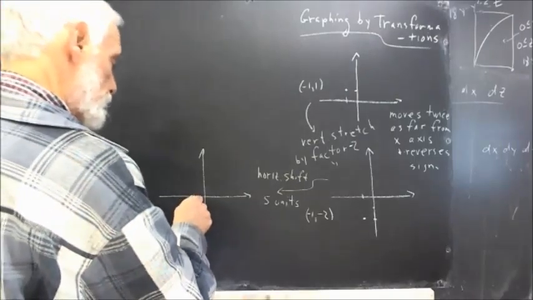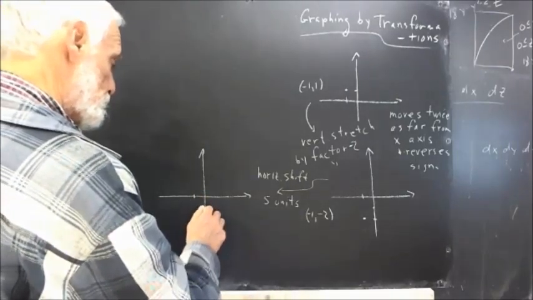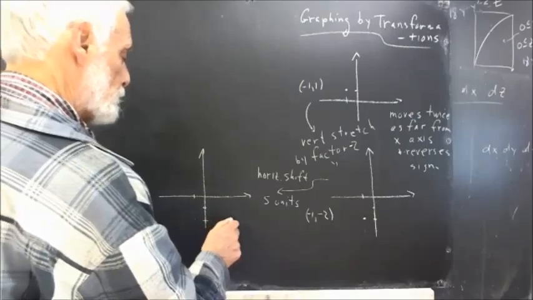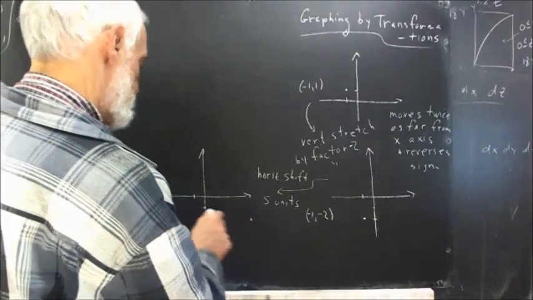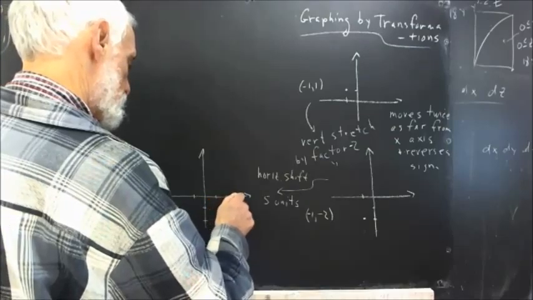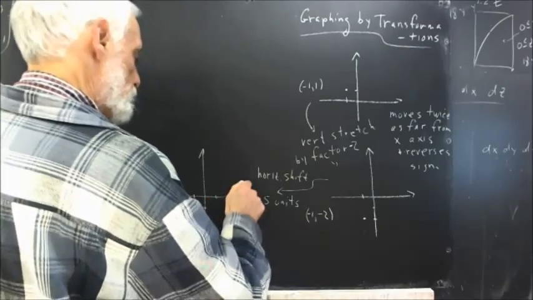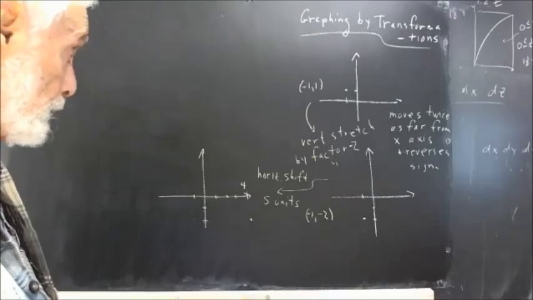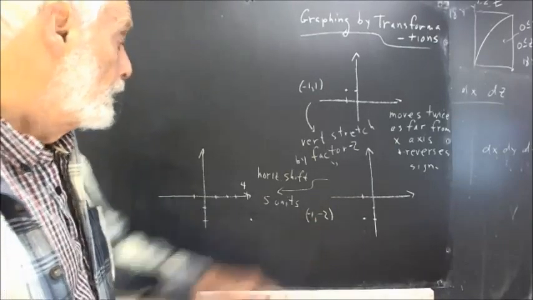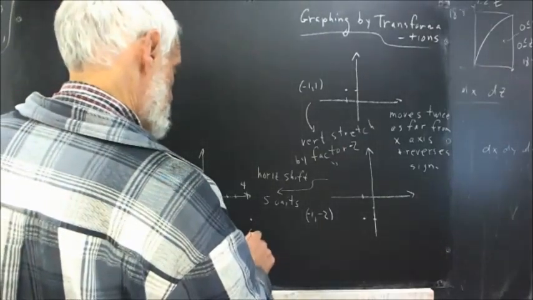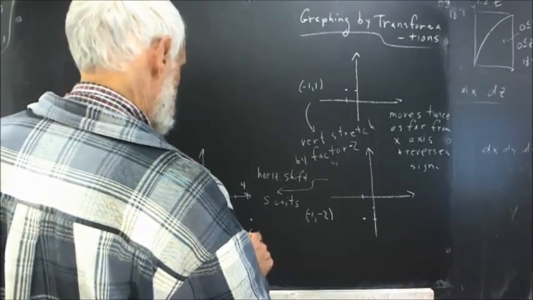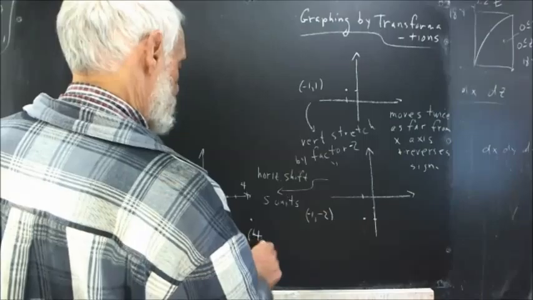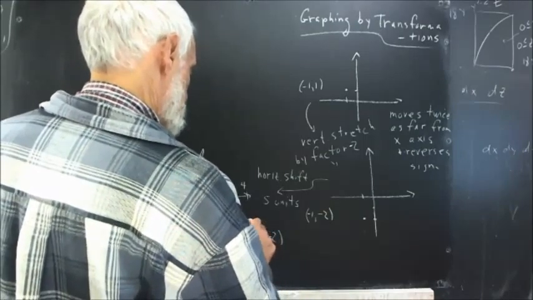So instead of being at -1, -2, okay, which would be right here, it's going to shift over 1, 2, 3, 4, 5 units to x equals 4, and of course it's moving in the horizontal, not the vertical direction, so the y-coordinate is going to stay the same, but the x-coordinate is going to be -1, I'm sorry, +4, easy to make a -1 into a 4, except the comma gets compromised, -2.